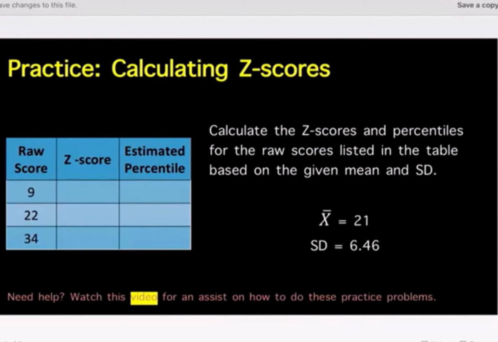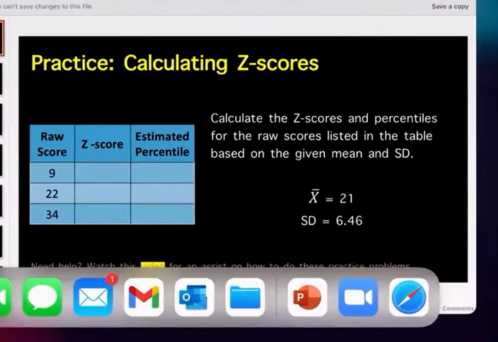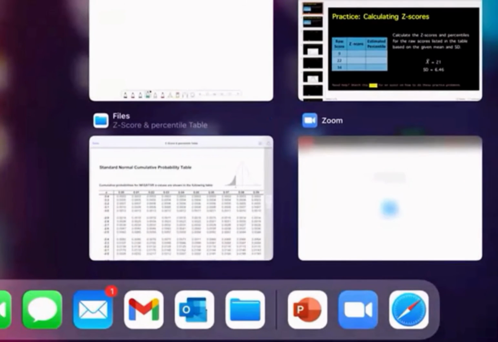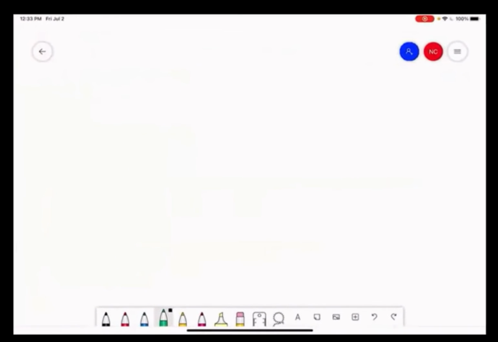I think it is easiest for me to calculate these using my whiteboard. So we're gonna shift to that. Taking note that our mean is 21. So we'll just write those over here. Mean was equal to 21 and the standard deviation was equal to 6.46.